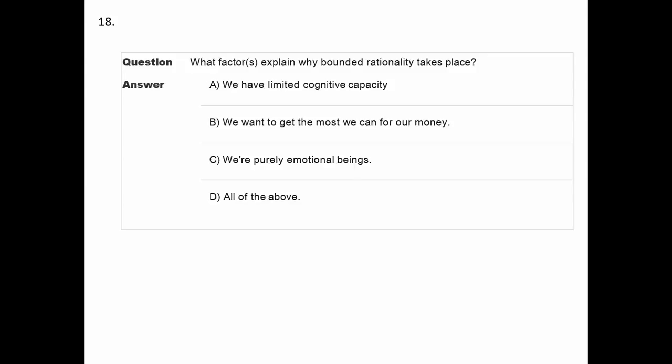What factors explain why bounded rationality takes place? And this goes back to the lecture, and there's a slide that talks about the reasoning behind irrationality. And it talks about the reason why we may not make the best informed decision. And part of it is time, that we have a limited amount of time.